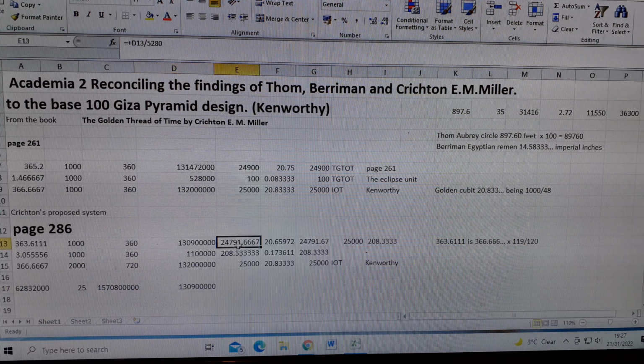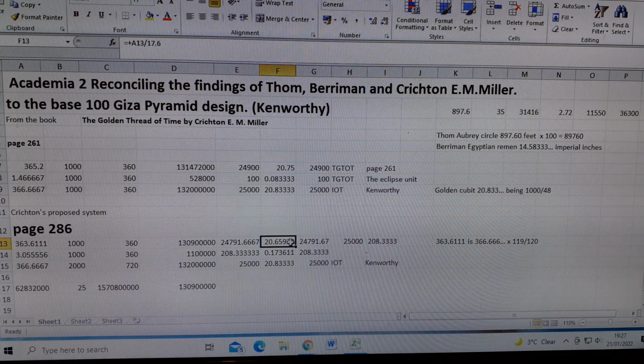When we divide that by 5280, we get this 24,791.666. When we divide that number there by 17.6, we get the cubit. And when we multiply the cubit in the new metrology by 1200, we get the Earth's circumference, and it's the same.